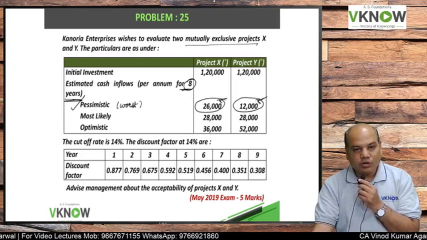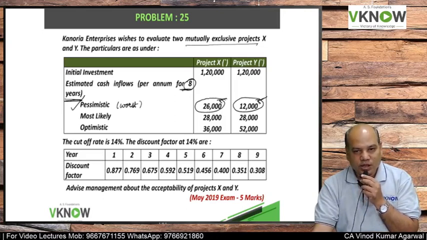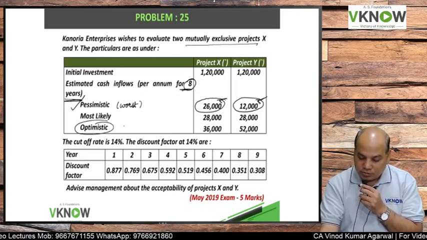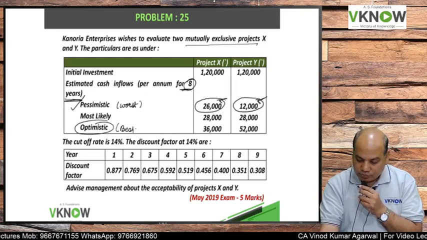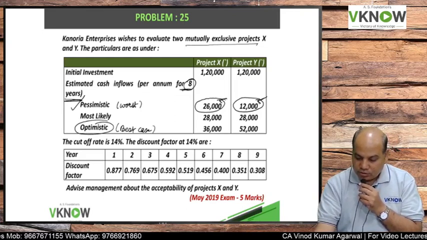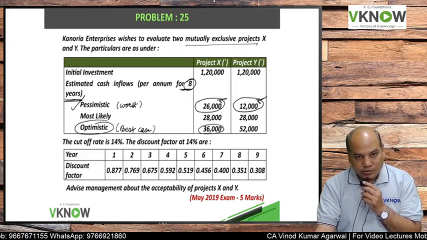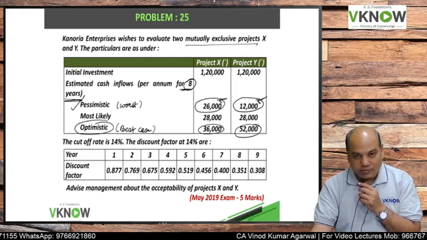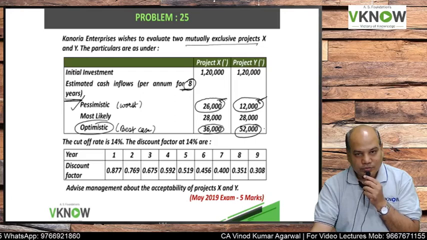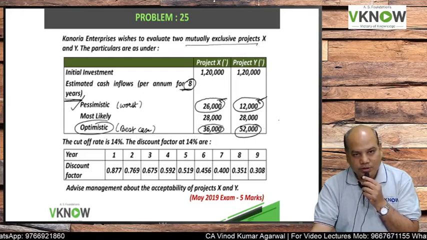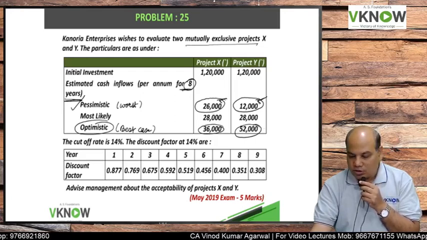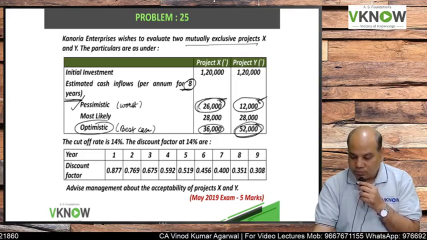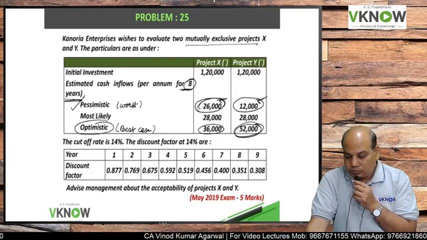Most likely scenario, both will give you same cash inflow, 28,000. But in the optimistic scenario, best case scenario, X will generate 36,000 rupees per annum, but Y will generate 52,000 per annum. So in the worst case scenario, X is giving you higher cash inflow. In best case scenario, Y.